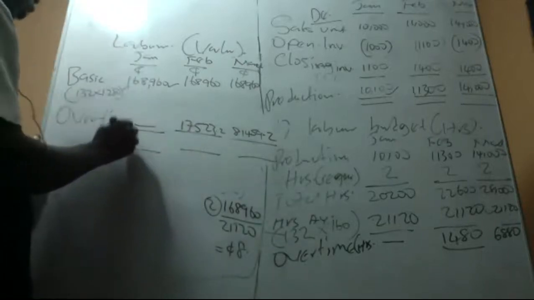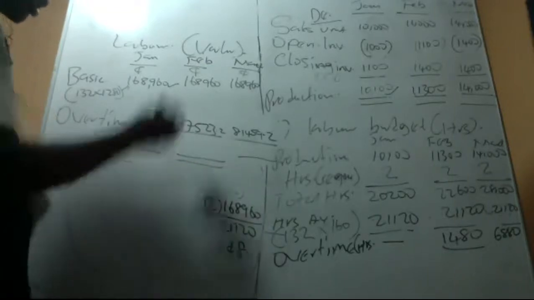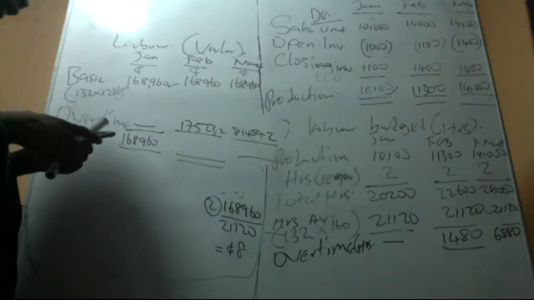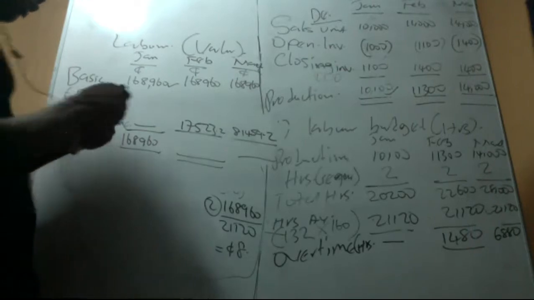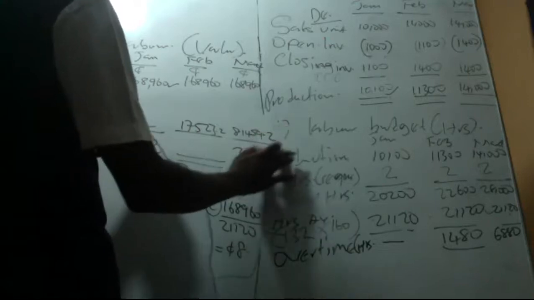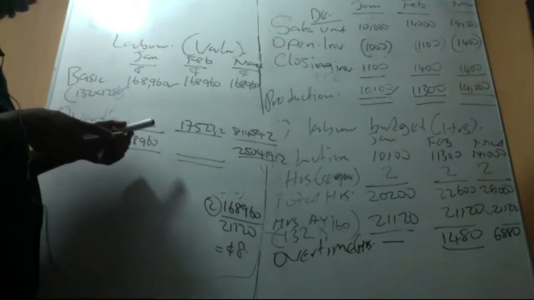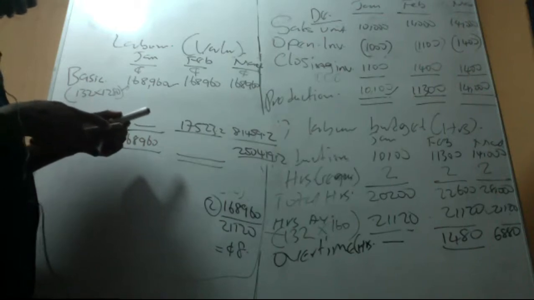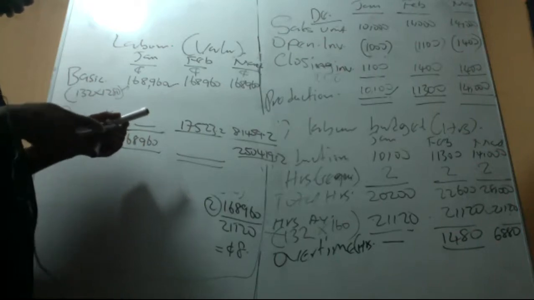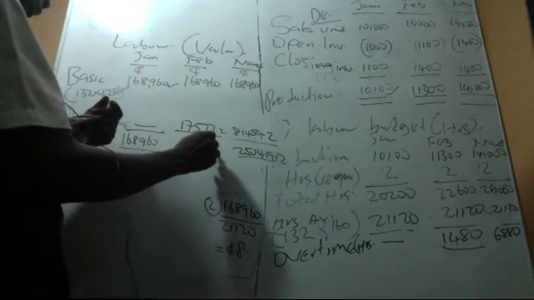Now, adding all this here, 168,960 plus 17,523.2 will give us 186,483.2.